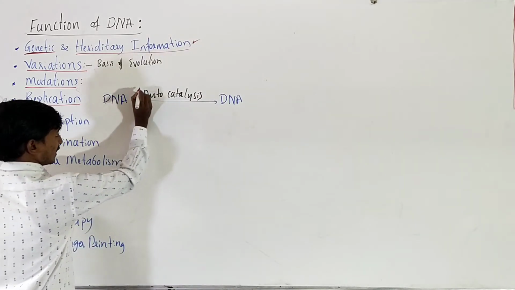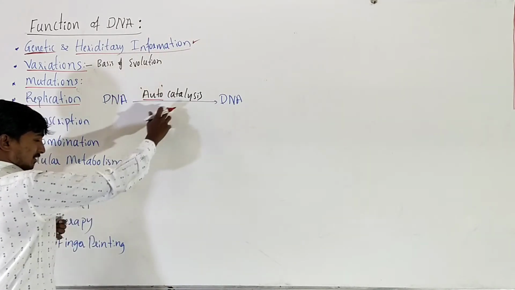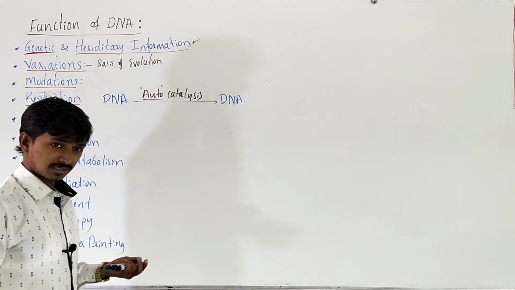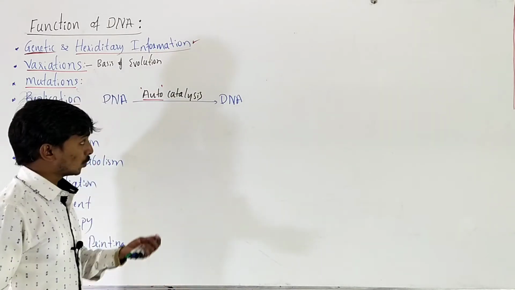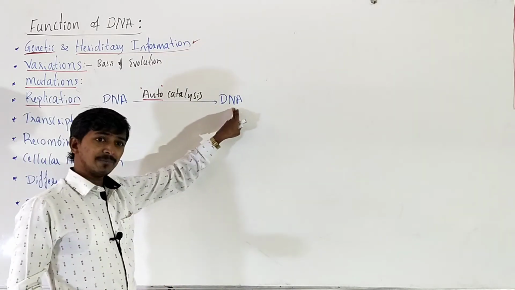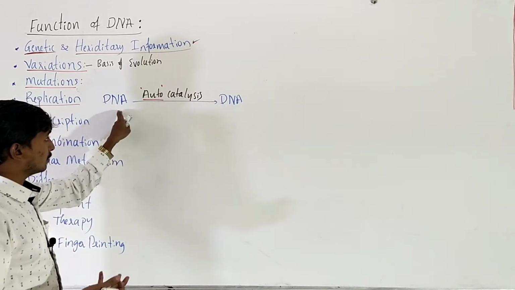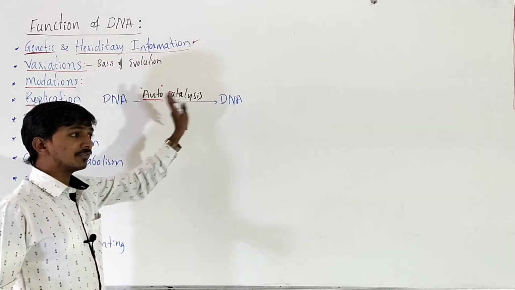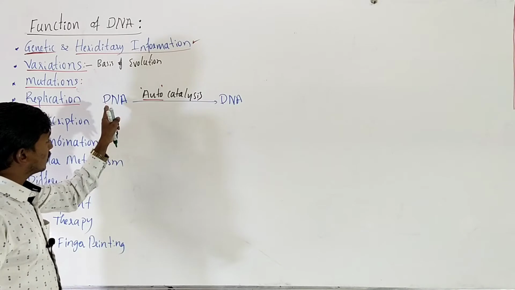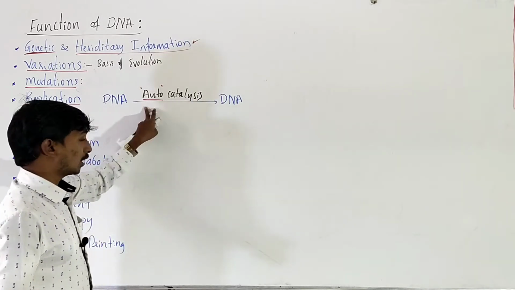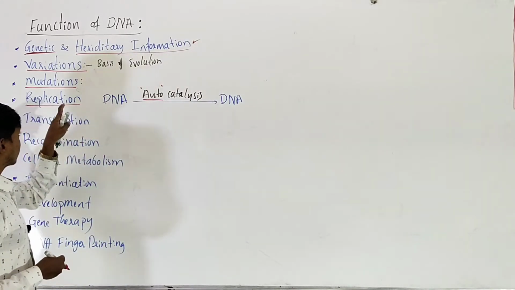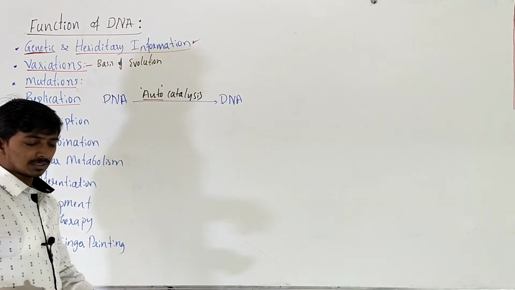Auto means self, same. Catalysis means any reaction, synthesis, preparation. So DNA is synthesized from DNA. DNA is prepared from DNA. So the same molecule is produced, same, auto, self. So replication is known as autocatalysis.